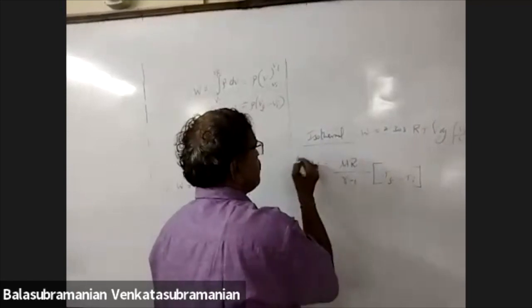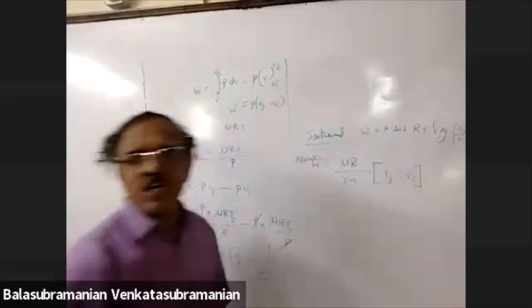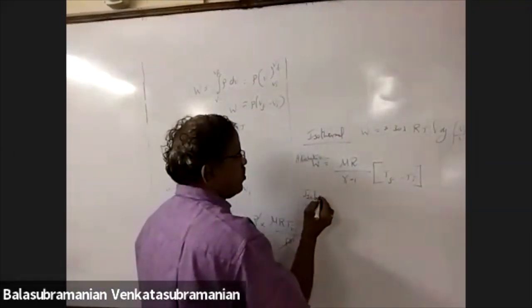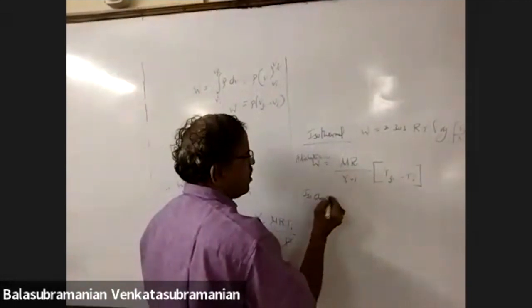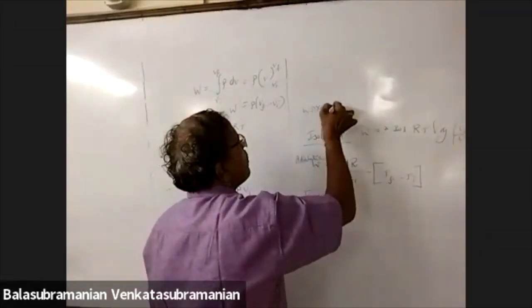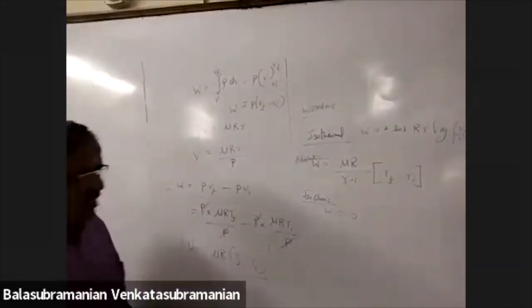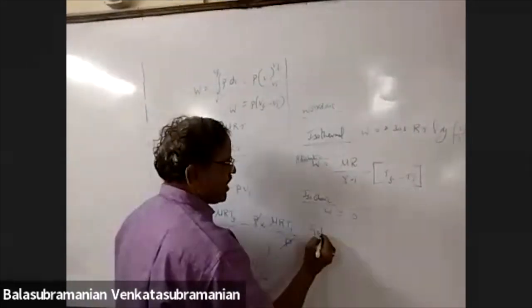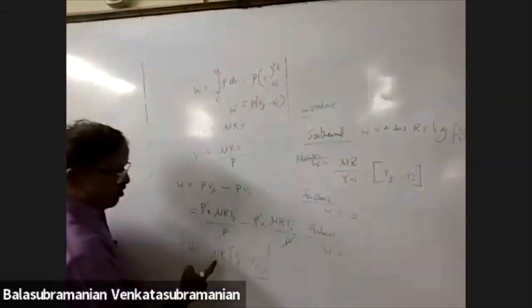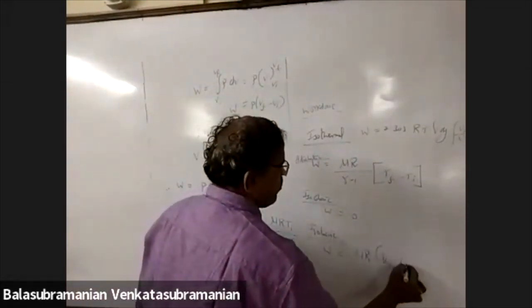This is isothermal and this is adiabatic work done equation. Isochoric, work done is 0. Then isobaric, work done is mu R times Tf minus Ti.